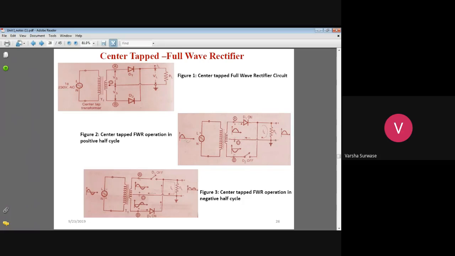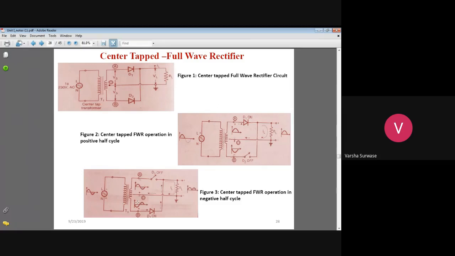Now in the negative half cycle of the input voltage, terminal A becomes negative and terminal B becomes positive. As terminal A is negative and the negative voltage is applied to the diode, the diode turns off. When the diode turns off, it acts as an open circuit.